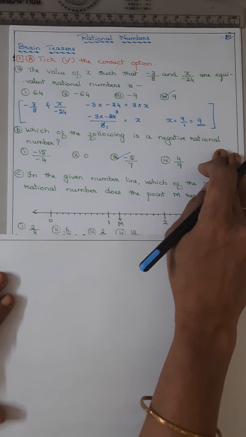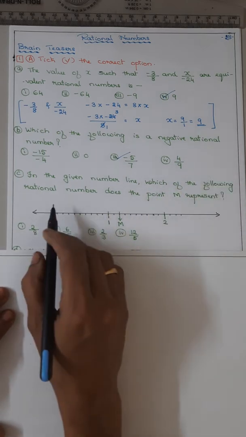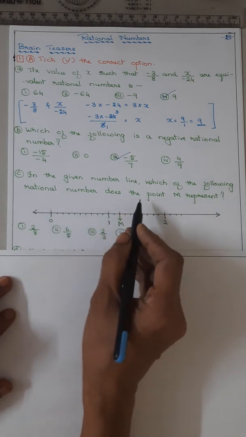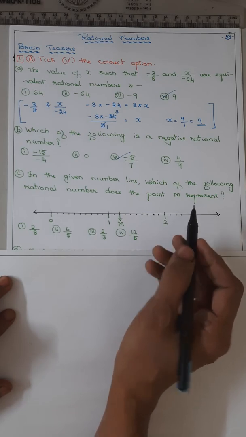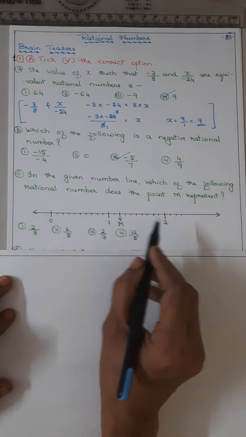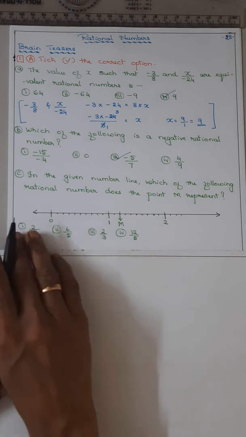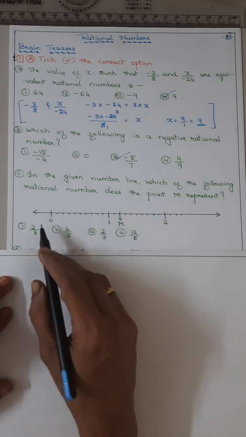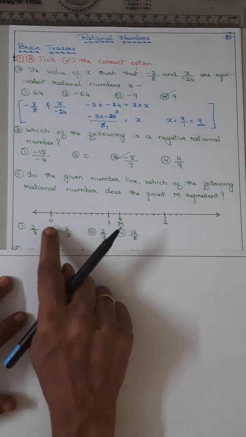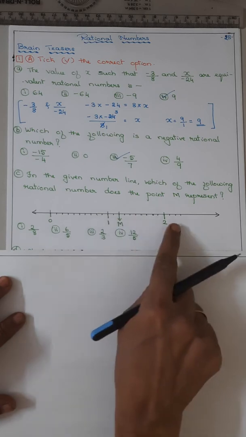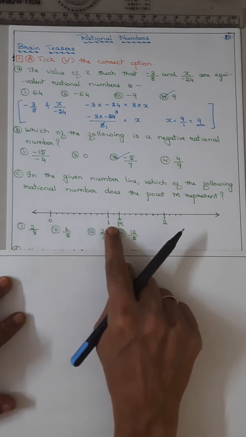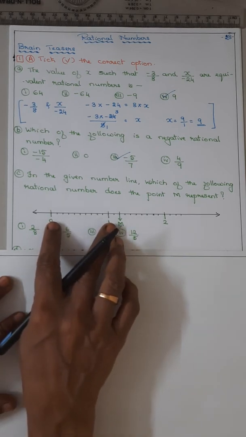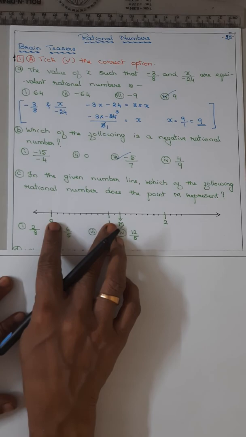In question number C, in the given number line, which of the following rational numbers does the point M represent? So here the number line is given: 0, and to the right side it is positive, to the left it is negative. The negatives are not given, directly 1, 2 and M are given. So first find out 0 to 1, it is divided into how many units?